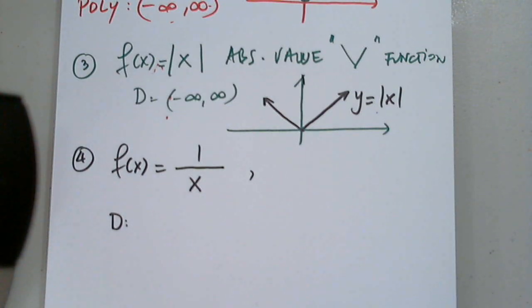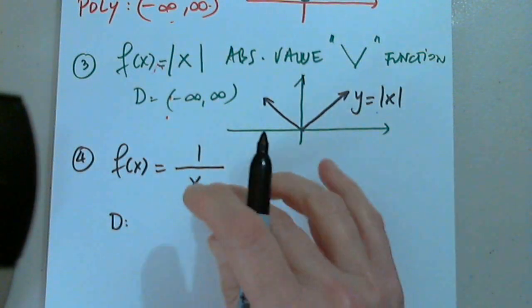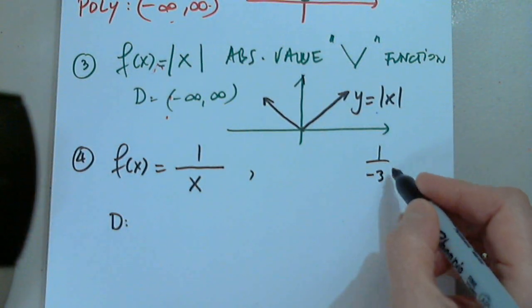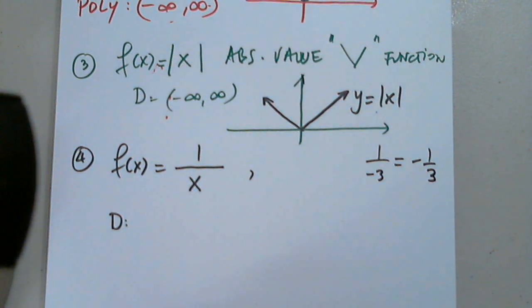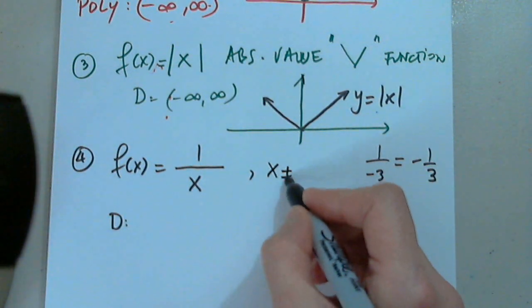What is the value, or values, that I cannot plug into the function? It can be anything besides 0. It can be negative. 1 over negative 3 is negative 1/3. X is not equal to 0. Just not equal to 0.